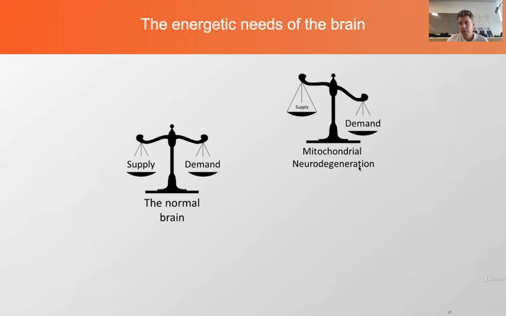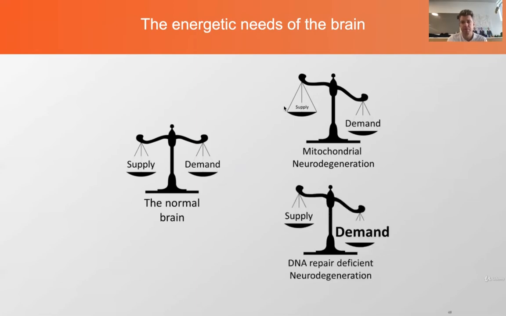If you have mitochondrial neurodegeneration, and I will remind you that the neurodegeneration that we see in these disorders is very similar to what you see with mitochondrial neurodegeneration, here you have more demand or less supply, your mitochondria do not work, you cannot lift the ATP need that is required.